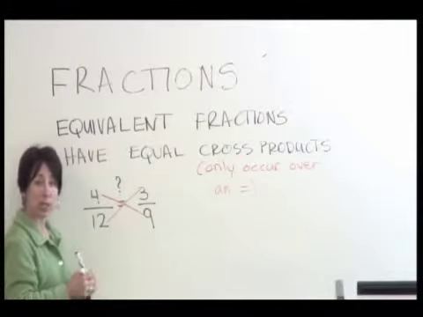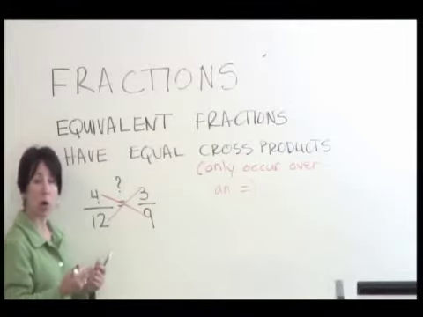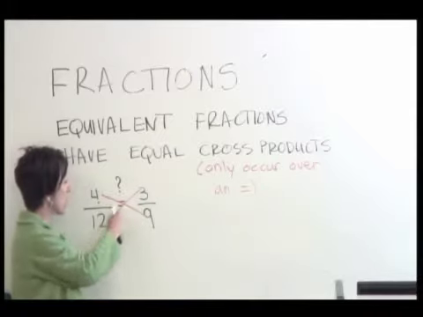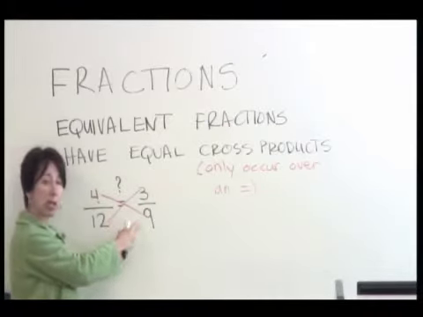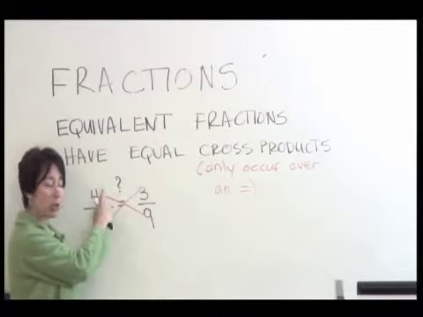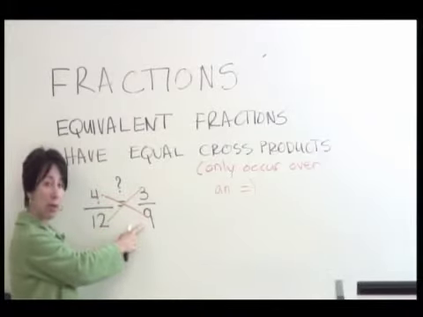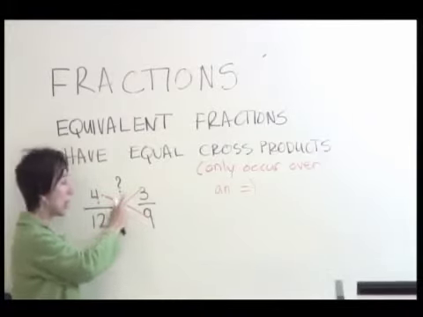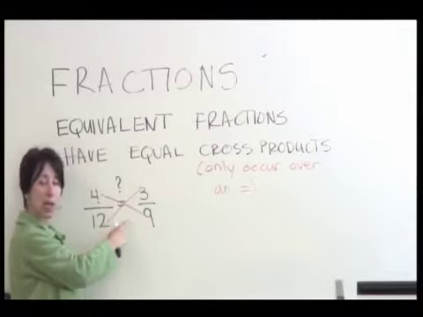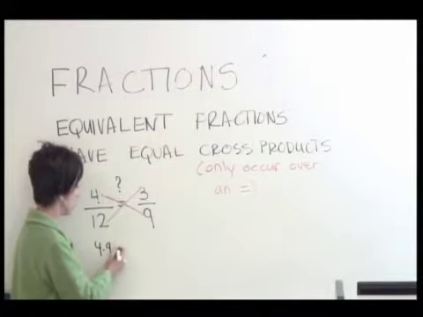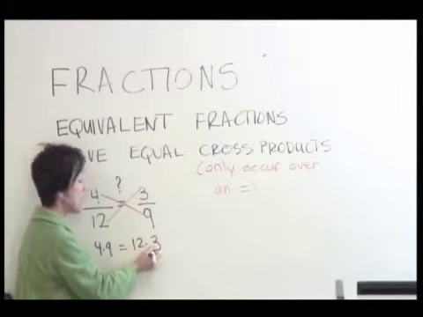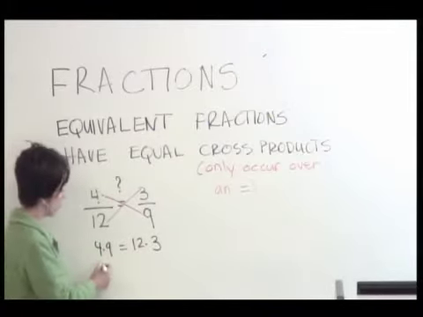So let's look to see if the cross products are equal. By cross products, what I do is I just make an X, and the two values that are connected, the numerator of this fraction and the denominator of the other, denominator, numerator, these two are connected, and that's what I multiply. So 4 times 9, is this a true statement?